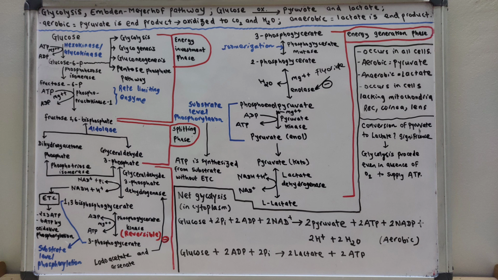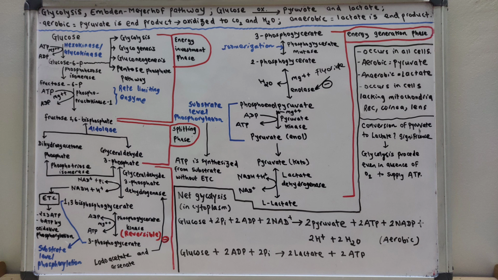So this is the main thing you have to know. After conversion of the glucose 6-phosphate to fructose 6-phosphate by phosphohexose isomerase, the fructose 6-phosphate is metabolized to fructose 1,6 bis-phosphate by the enzyme phosphofructokinase by the consumption of the ATP.